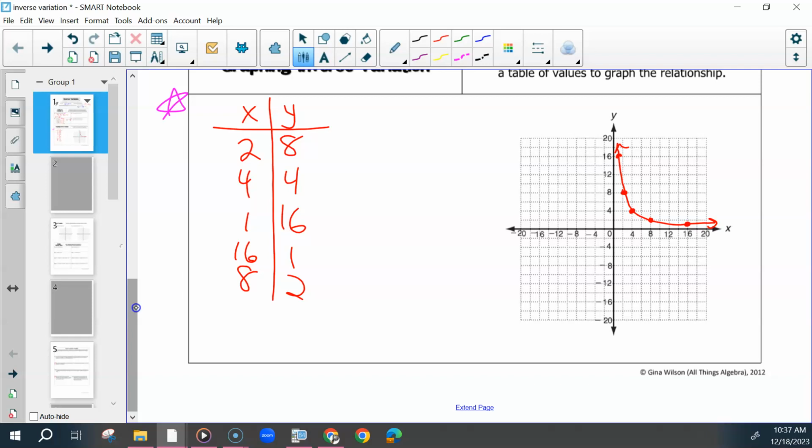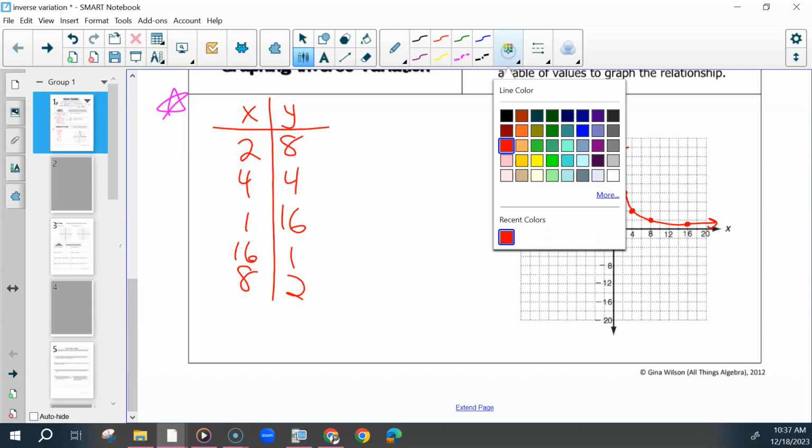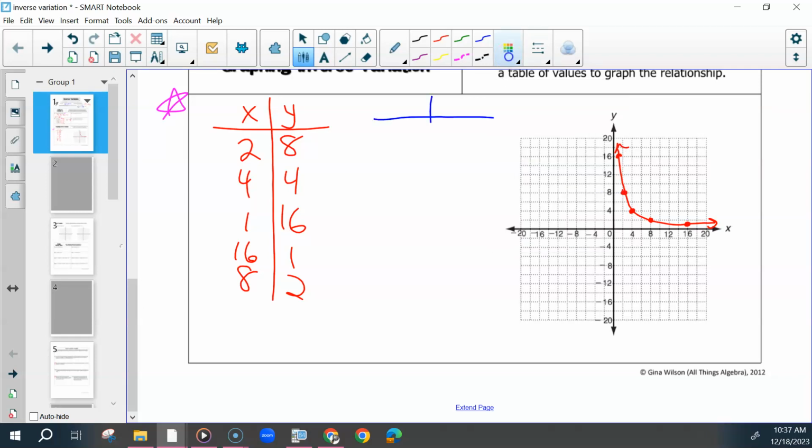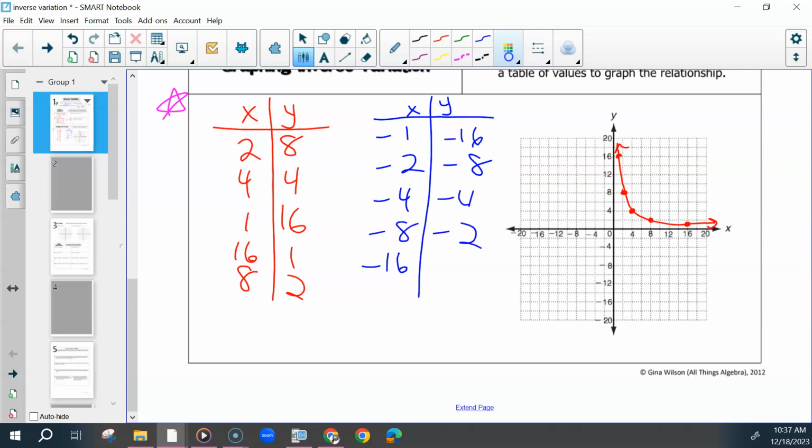Now, this is half of it. We have to do the other half because all the numbers we said were positive. How else could we get a positive? What two things could we multiply together? 2 negatives. So take this table and make them negative. Negative 1, negative 16, negative 2, negative 8, negative 4, negative 4, negative 8, negative 2, and negative 16, negative 1.